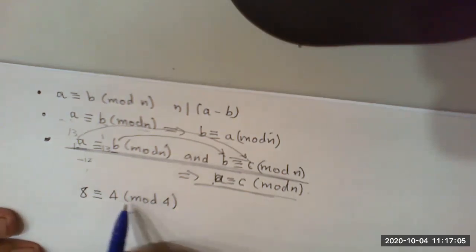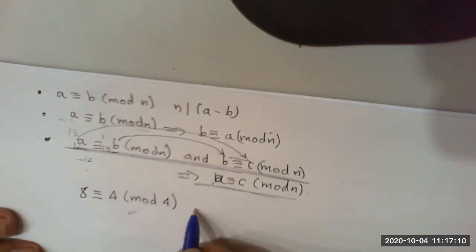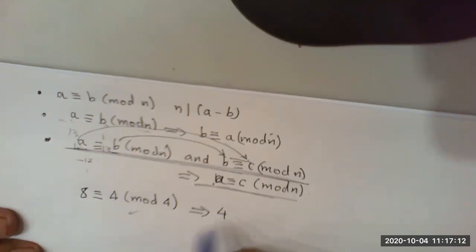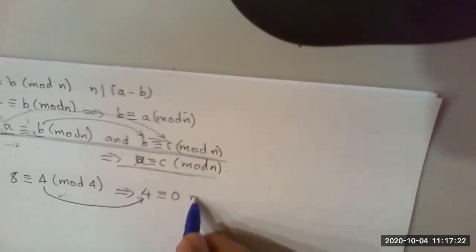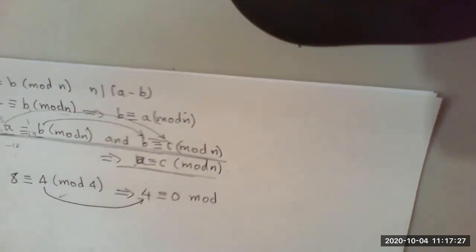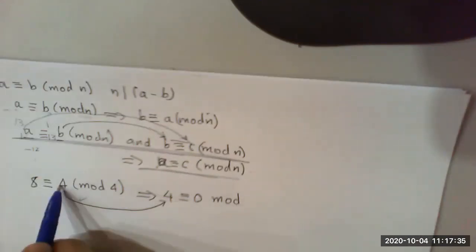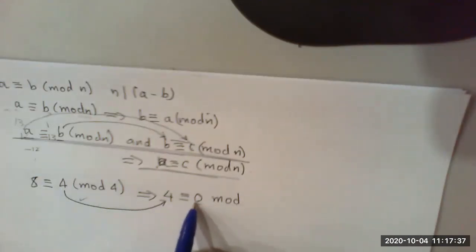It is working because 8 minus 4 is 4, and 4 divides 4. And another example: I take this 4 here and it is congruent with 0. It's working, but 0 is not a good example here. I have to change this. It's not going to have mod 4.